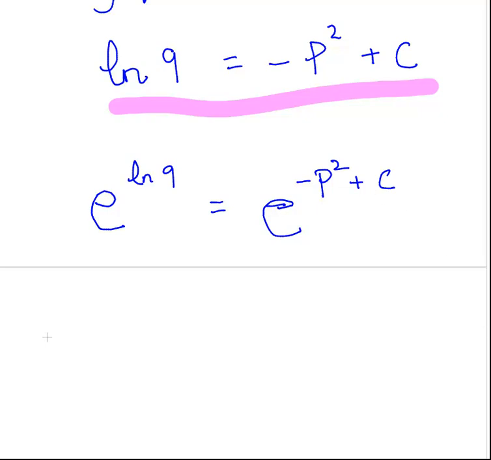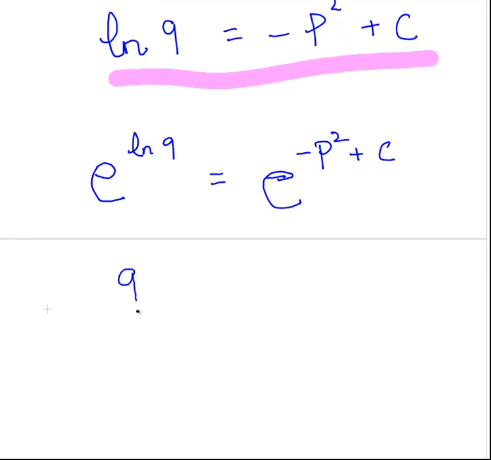Okay, that's just going in very, very much baby steps. That progresses as q equal to e to the minus p squared times e to the c. Now that undetermined coefficient, e to the c, we're just going to replace with another undetermined coefficient, and we're going to call it a.